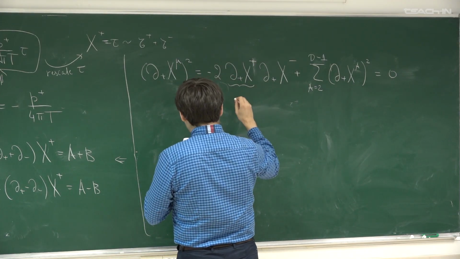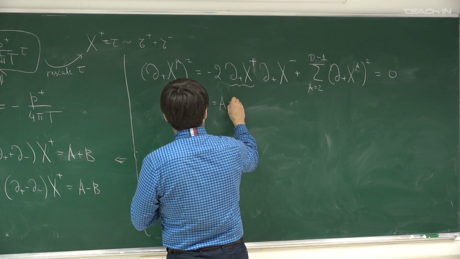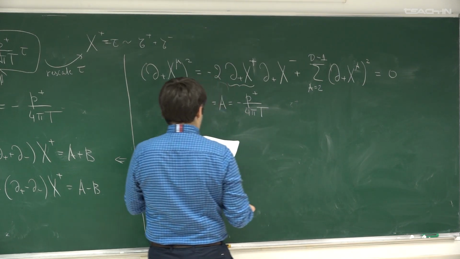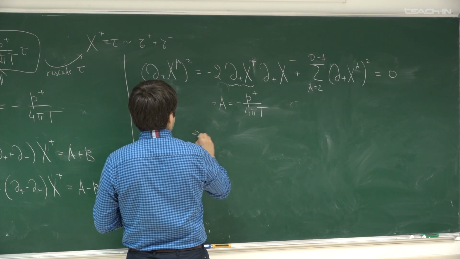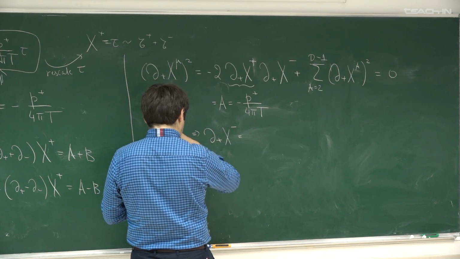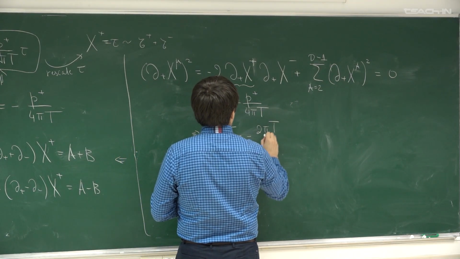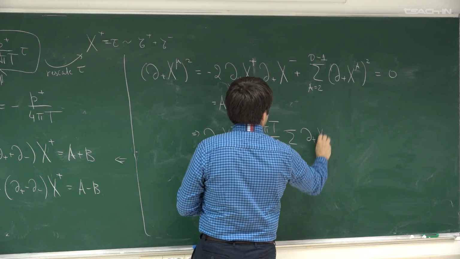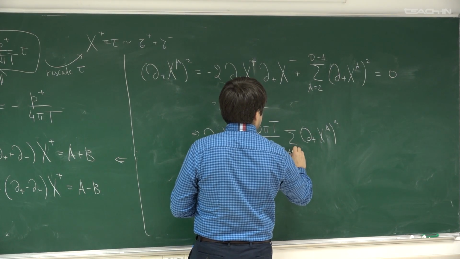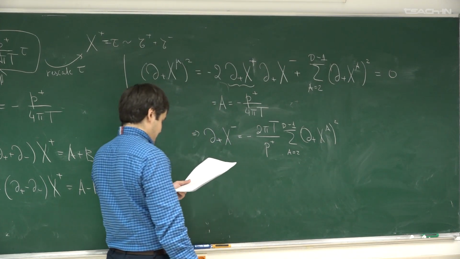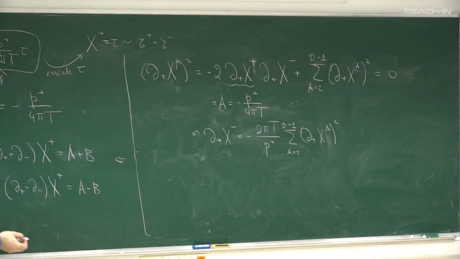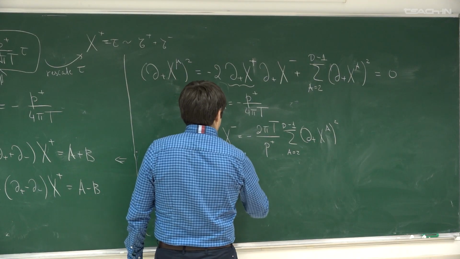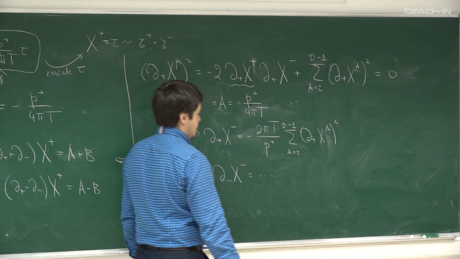So this is A, which is minus P plus over 4 pi T. And so you can solve for d plus x minus, same for d minus x minus. So this can be solved for x minus.